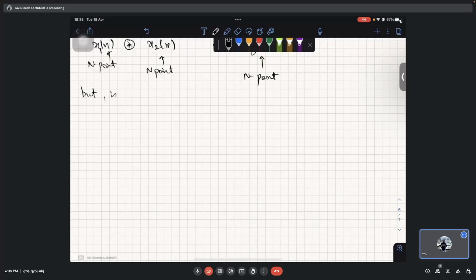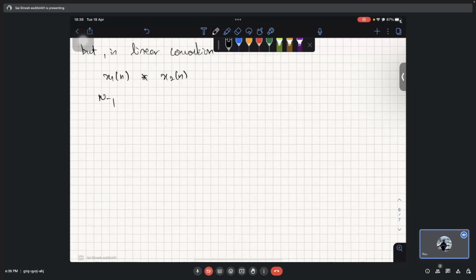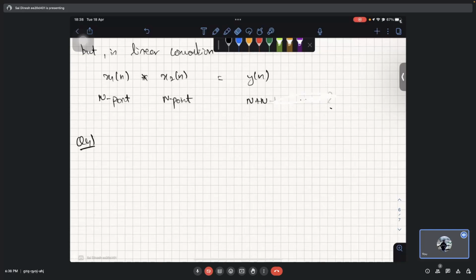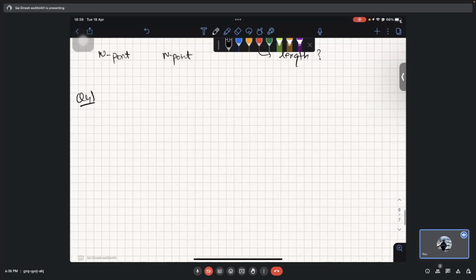But in linear convolution, x1 of n linearly convolved with x2 of n gives y of n with N plus N minus 1 points.